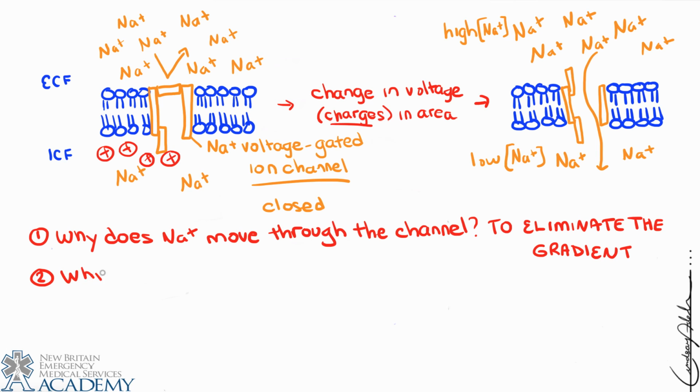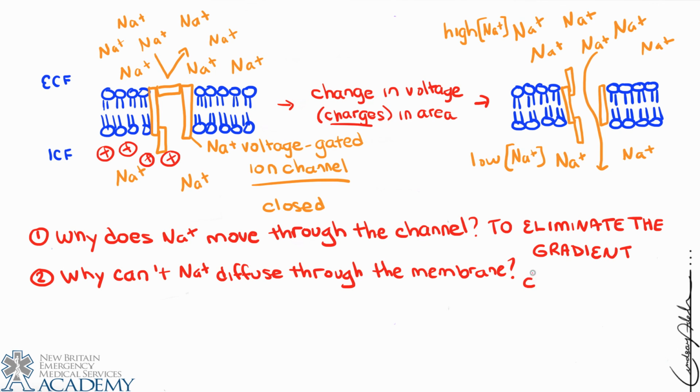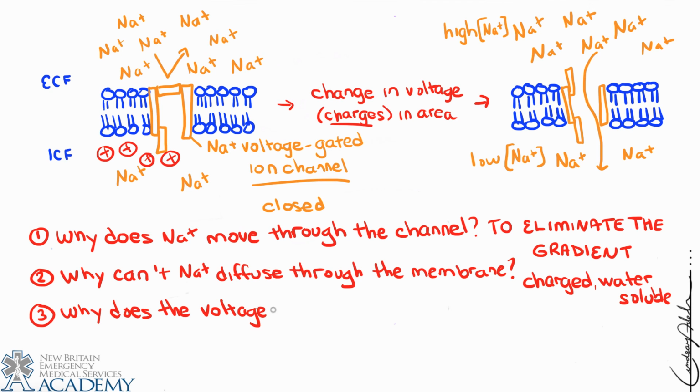Two, why can't sodium diffuse through the membrane? Because it's charged and water soluble. And three, why does the voltage-gated channel open? Because of a change in voltage, charges near the channel.